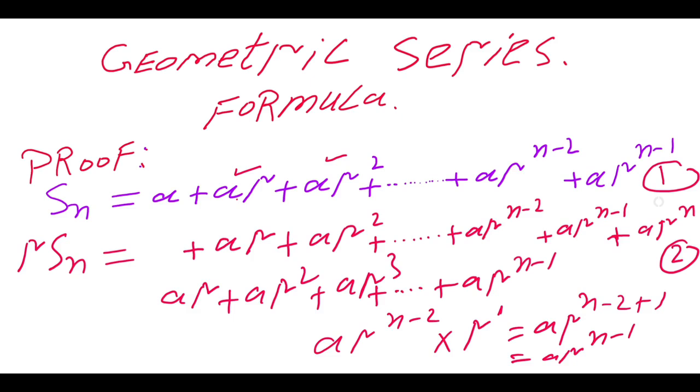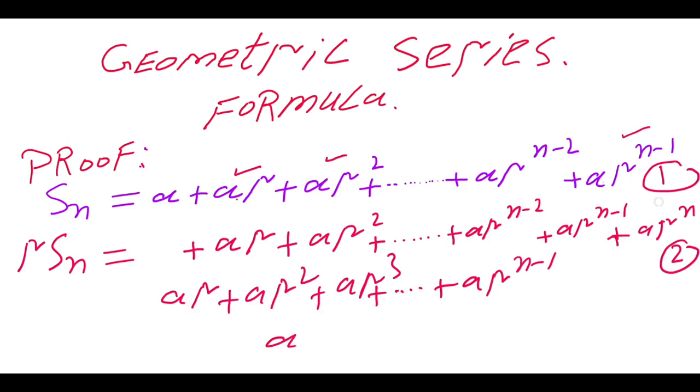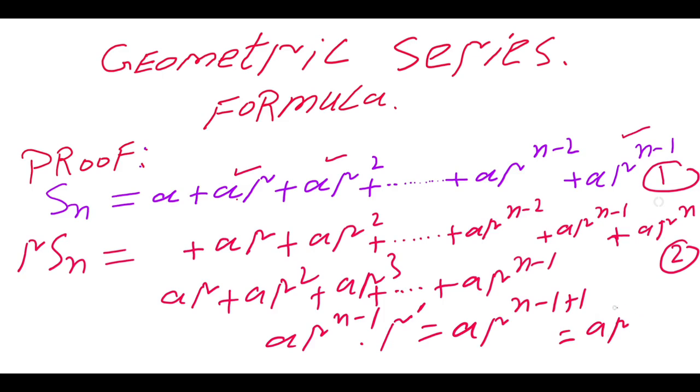If I multiply AR power n minus 1 by R, then it's AR, and the power of R is n minus 1 plus this 1, and that becomes AR power n.